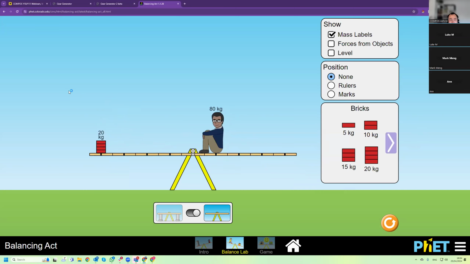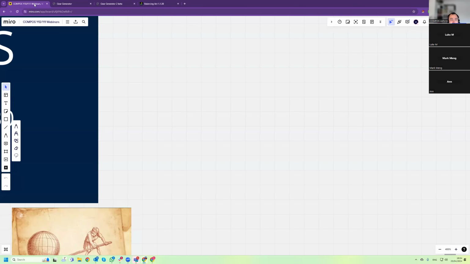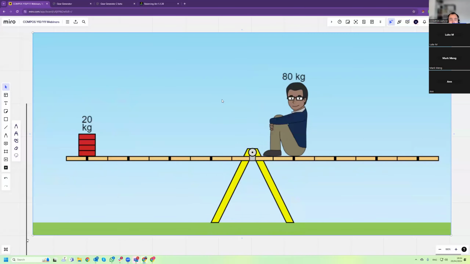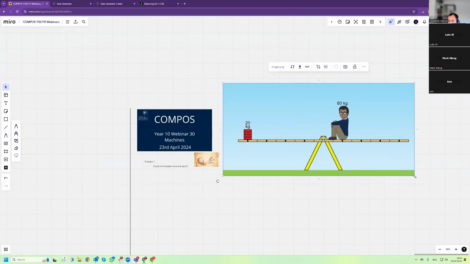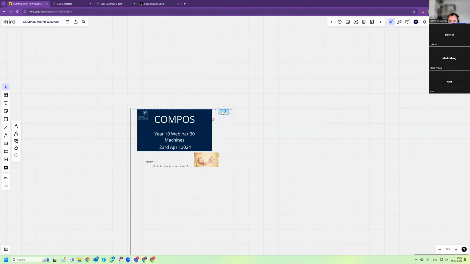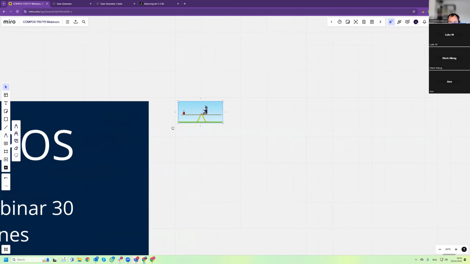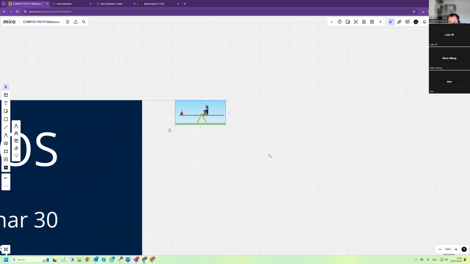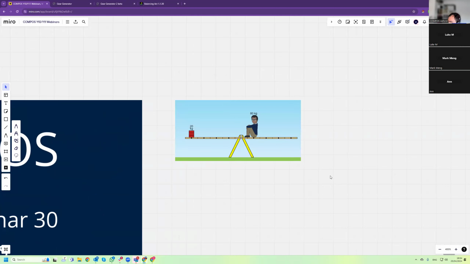So if we take a picture. Here we have an example of a mechanical advantage. The force needed to lift a human is 800 newtons. That's the force lifting the human. And the force that we are pushing here is only 200 newtons.